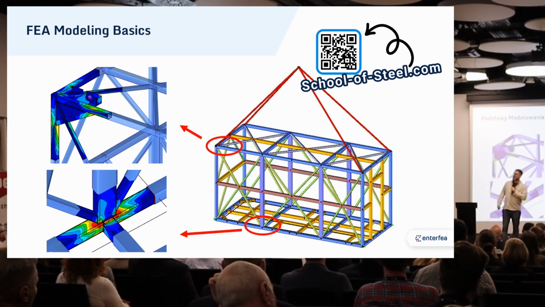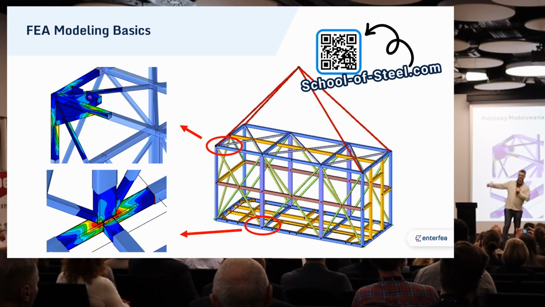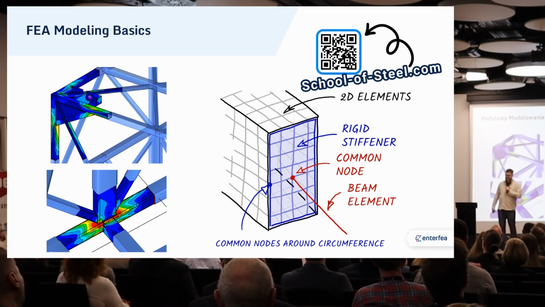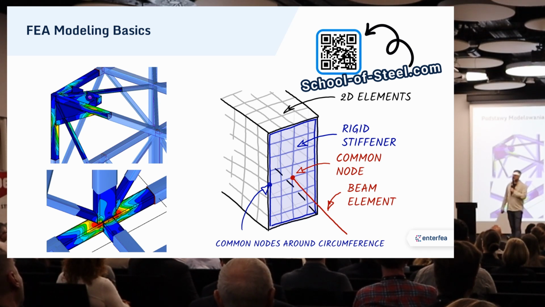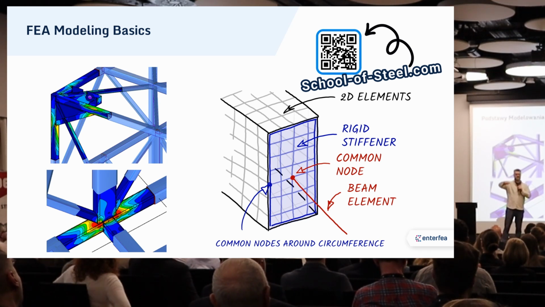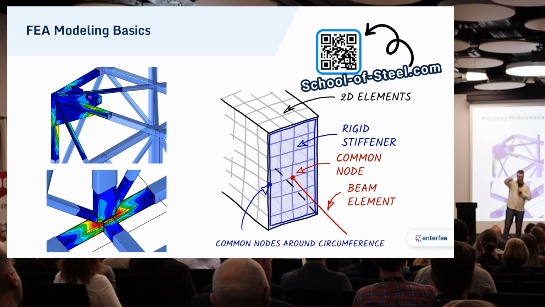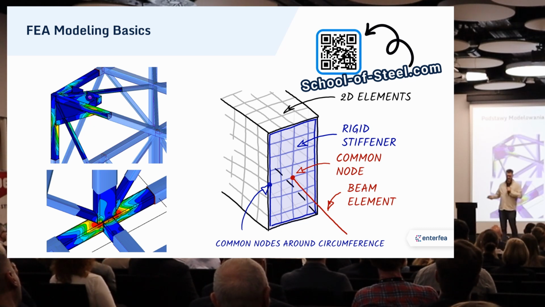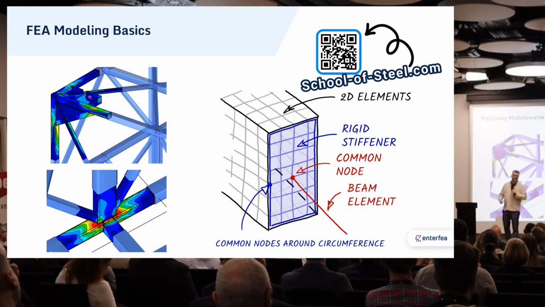So, how to then model it? You will encounter one problem, and that is how to connect plated elements to beam elements. There are two options. You can either fill your plated cross-section with an infinitely rigid stiffener, and then the central node of this stiffener will be the node where the beam element will be connected.